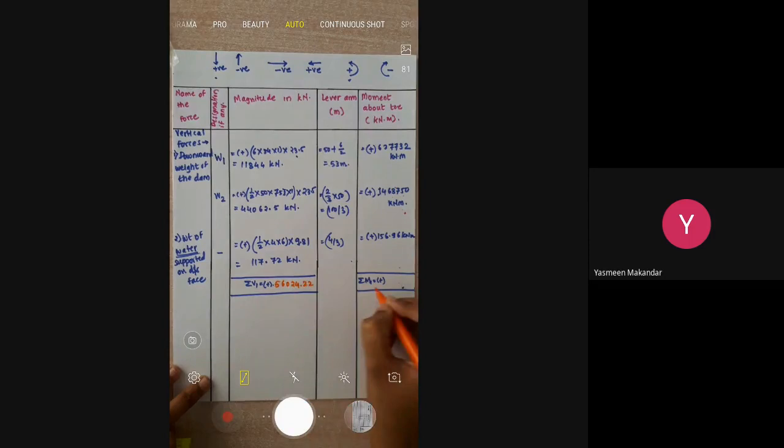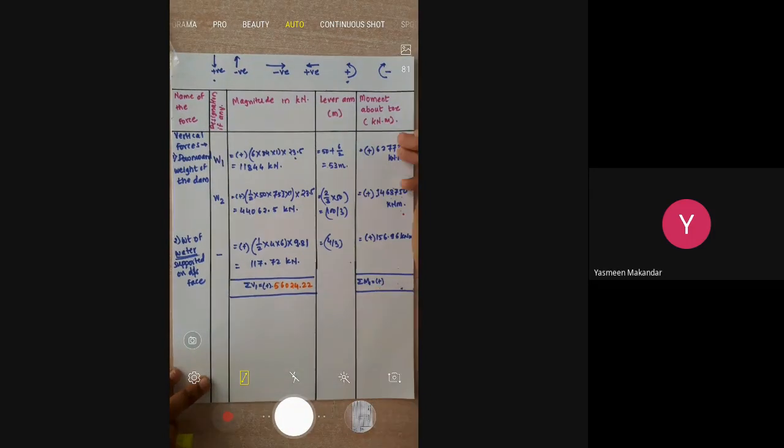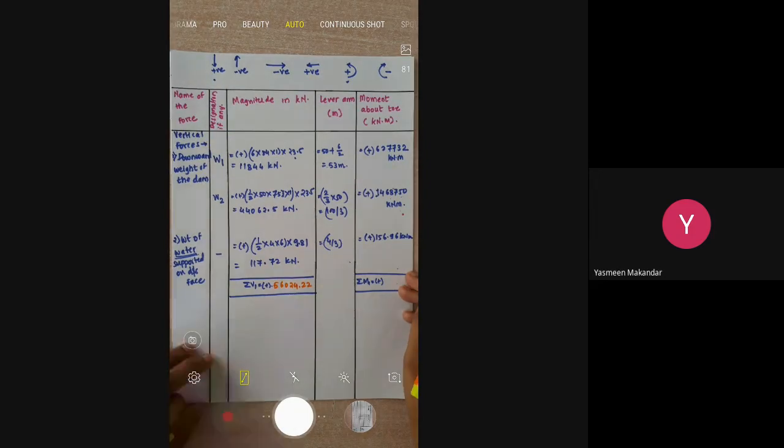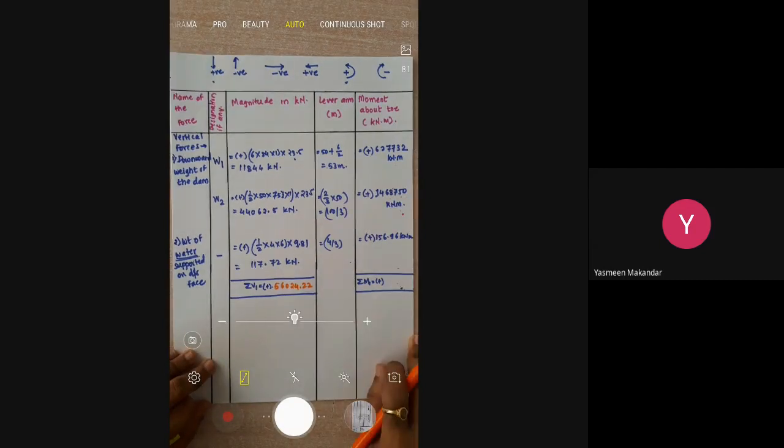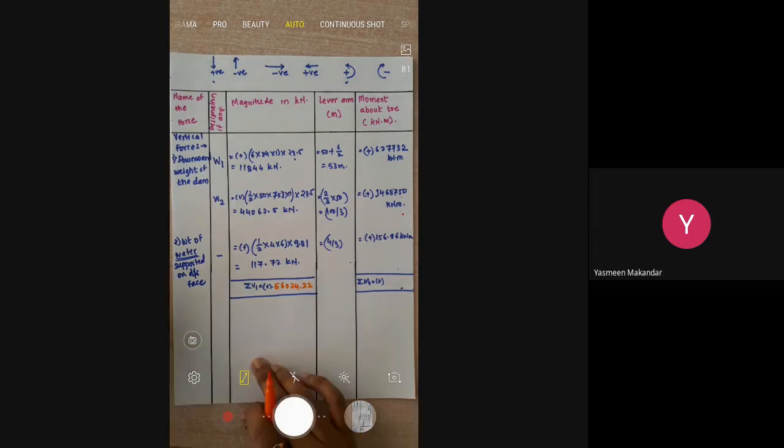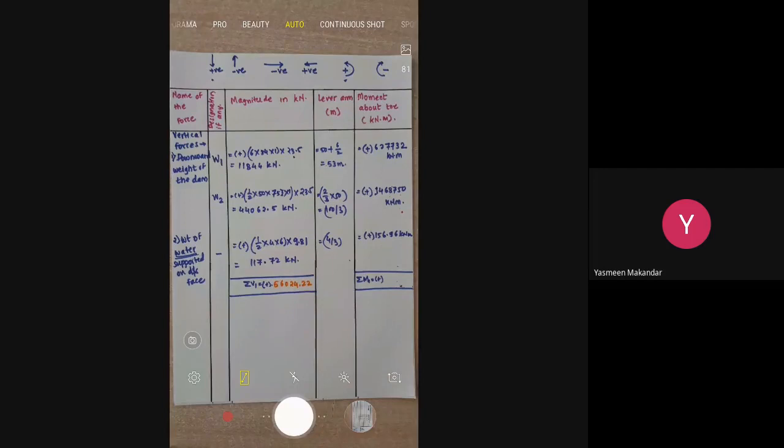Okay, now what about summation M1, that is the moment of all these vertically downward forces? You have to take the algebraic sum. So give due consideration to all the sign conventions, to the plus and minus. Yes. Others, you also have to perform the calculations and let me know your answers, whether you are getting it or not.